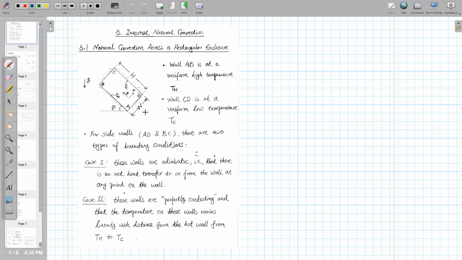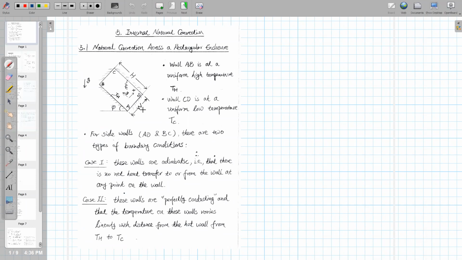This W is the gap between these two walls AB and CD, and it affects the natural convection inside the fluid more than H.